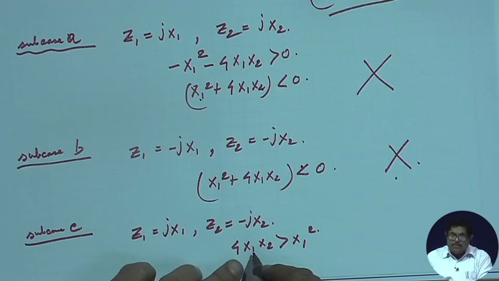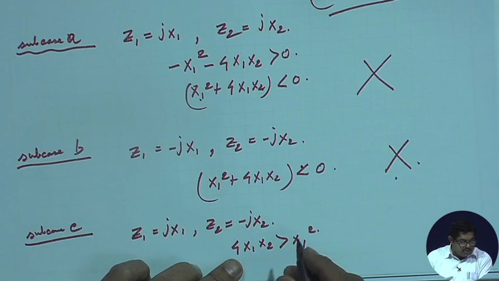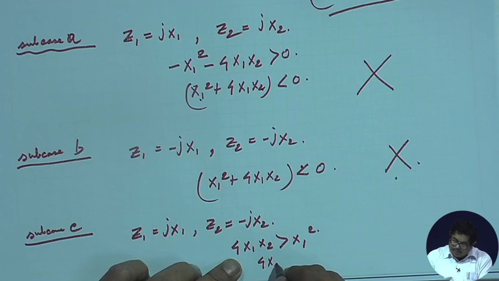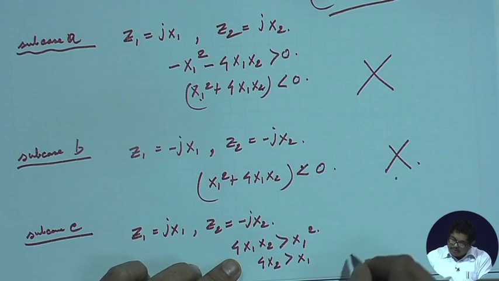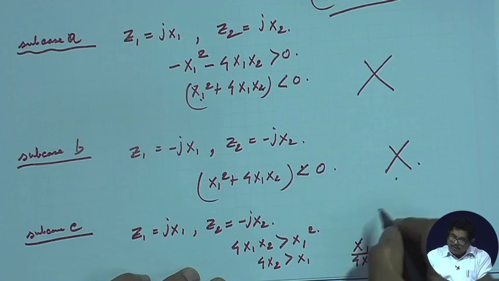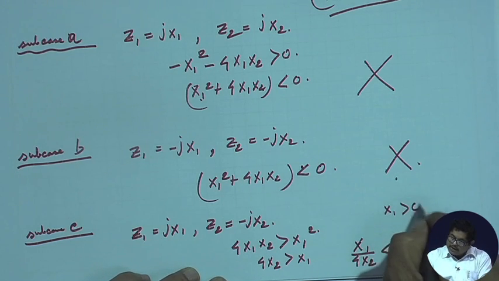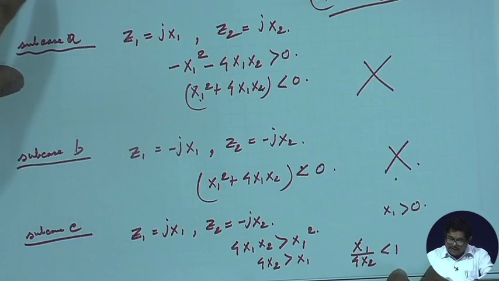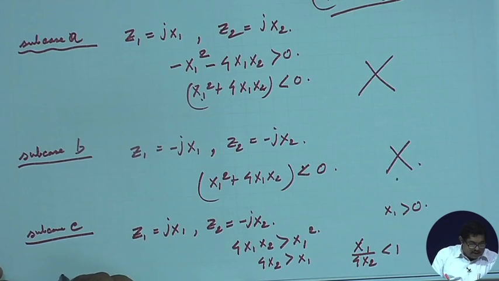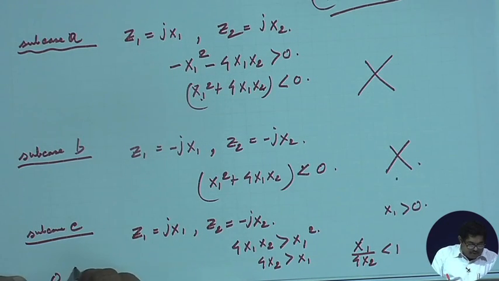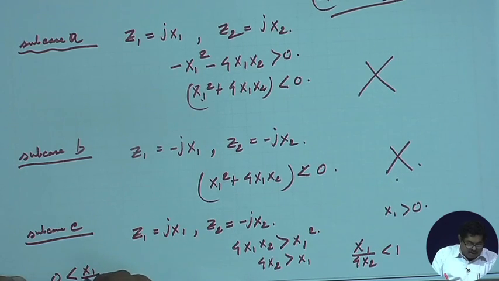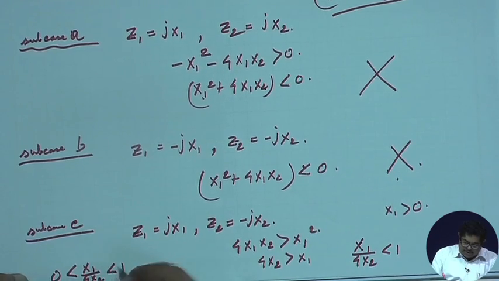Now as x1 is greater than 0, 4 x2 will be greater than x1, or x1 by 4 x2 is less than 1. Also, x1 is greater than 0. So combining this, the condition is 0 less than x1 by 4 x2 less than 1.